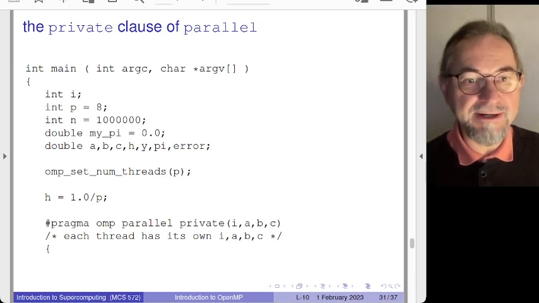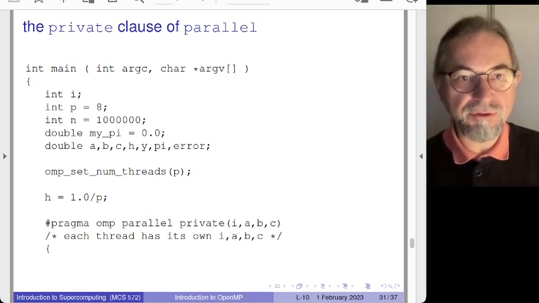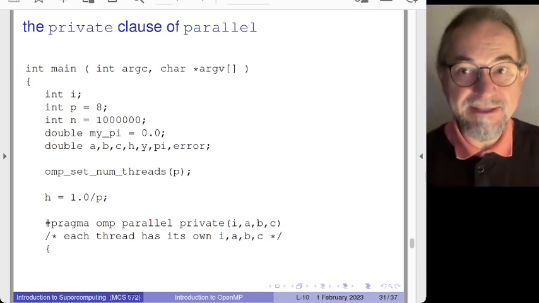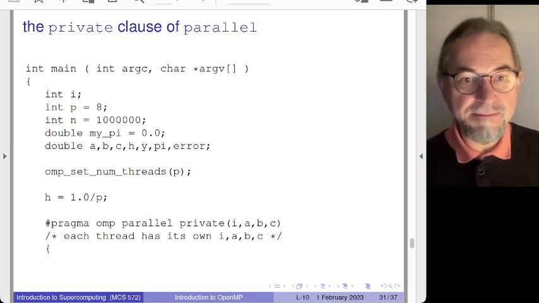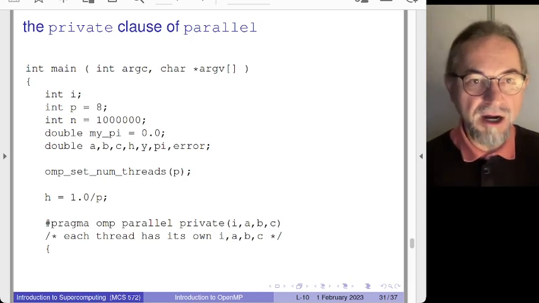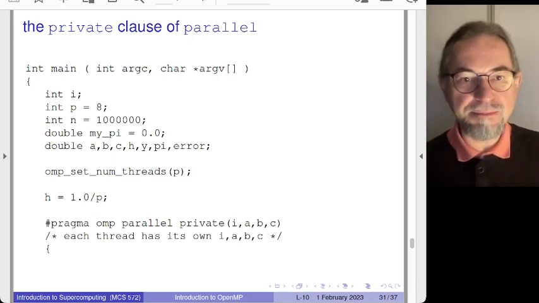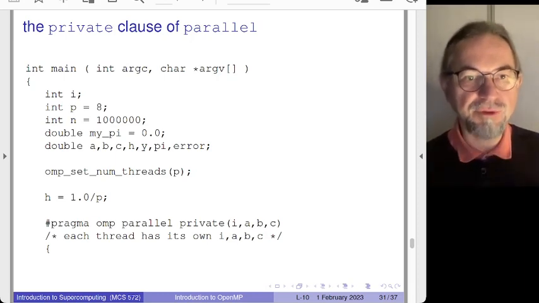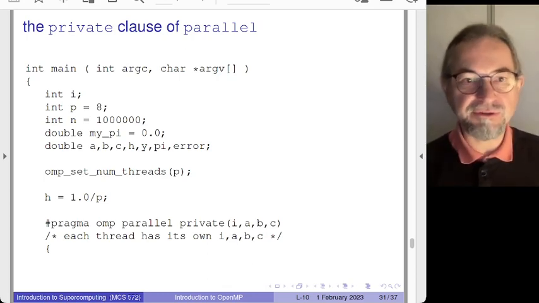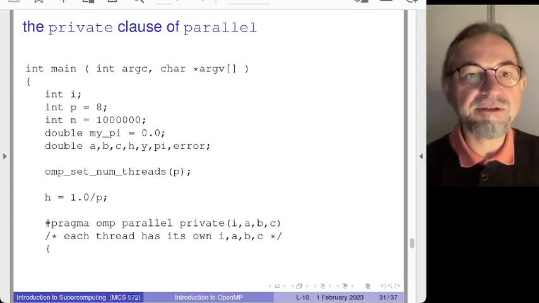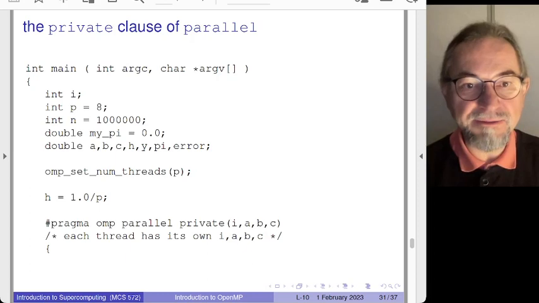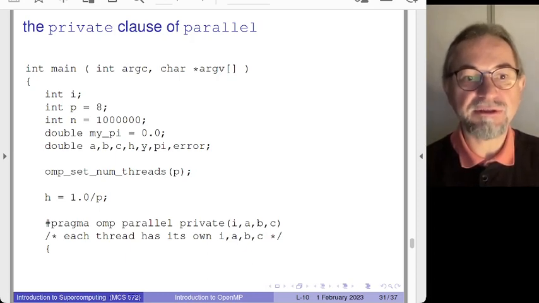So I will declare a parallel region, but now the private clause is indicating that every thread will have its own private I, A, B, and C. The I is an integer. The A and the B are the integration bounds.